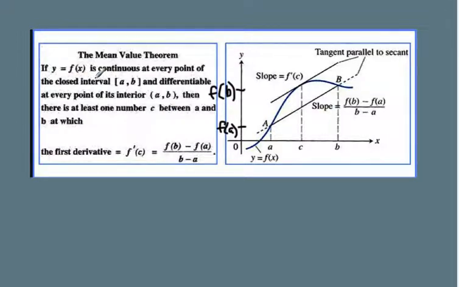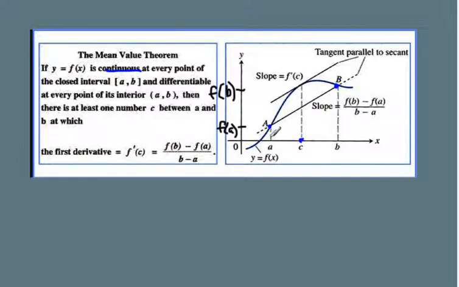The mean value theorem says if it's continuous at every point over the interval from a to b and differentiable, then there is at least one number c. Okay, same type of scenario. There's a number c between a and b such that, now here is the slope of the secant line.